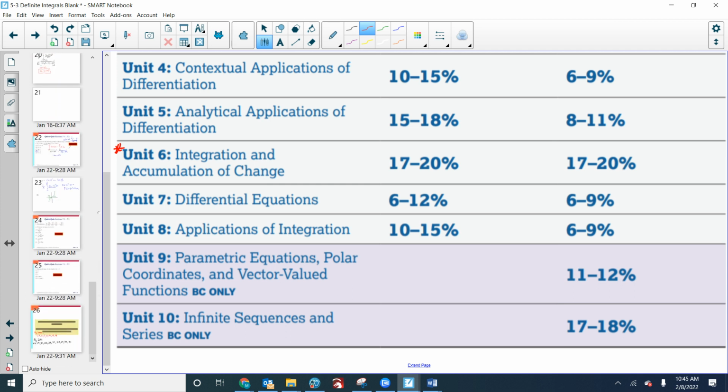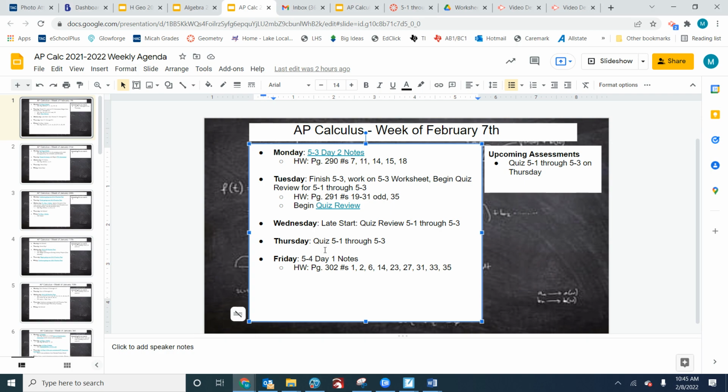So the rest of today and tomorrow, I'm putting several assignments together and giving you options. Not options on which ones to do, but what order you go in. Today we finished 5.3. I have a 5.3 worksheet of released AP questions from AP Classroom that are similar to these.